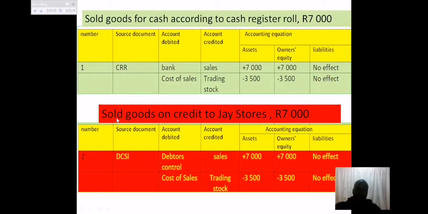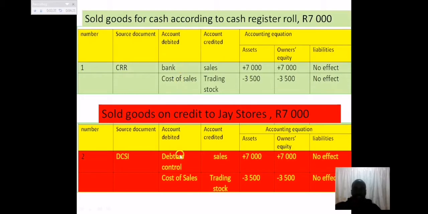Whereas when we sell on credit, the source document changes to duplicate credit sales invoice instead of cash register roll. And our bank is replaced by debtors control. And this is the major difference.